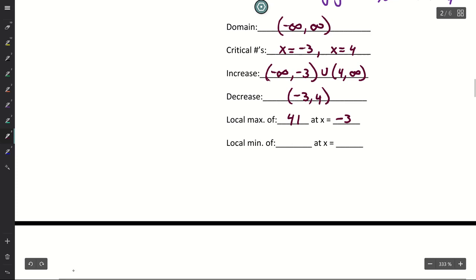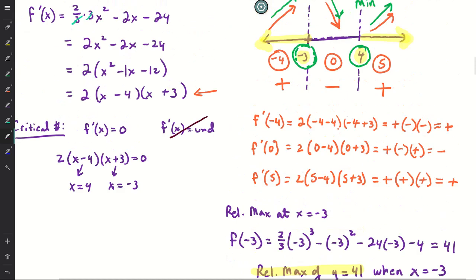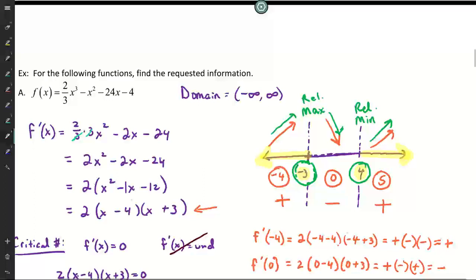And then we had a local minimum of negative 220 over 3 when x was 4. That particular example I wanted to consider since it was polynomial. Polynomial functions have certain behaviors when you look at their relative max and mins.